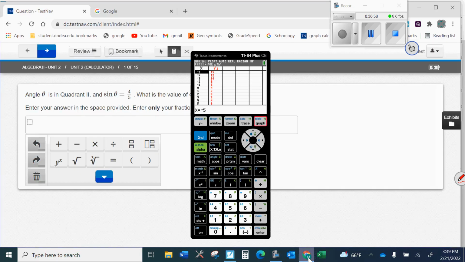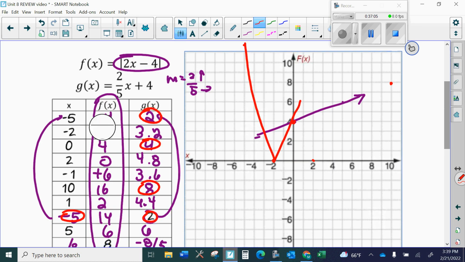Okay, let's get our points off of here. Negative 2, 8. That's where I did it. I told you I must have had a wrong point. That's negative 4 minus 4 is negative 8, which makes it positive 8 now. Negative 2, 8. That's why. Negative 2, 8, and negative 5 up here at 14. Can't see it. 2, 0. Okay.